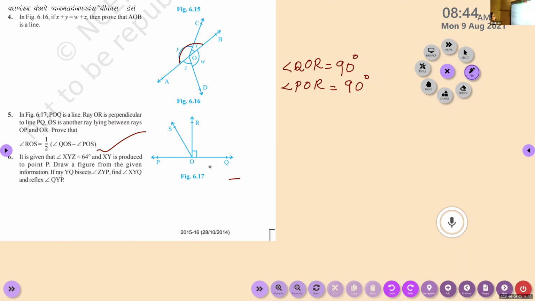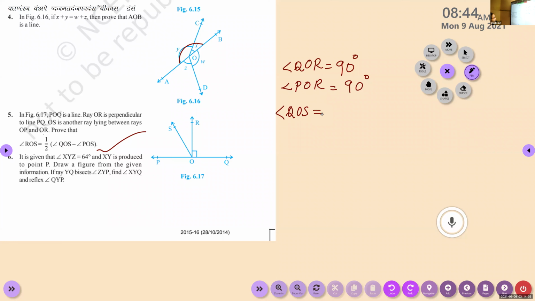Okay. Angle QOS. All of you move your fingers through that angle QOS. Do you see that QOS in your figure? Yes. And it is the sum of two angles, isn't it? QOS can be written as the sum of two angles. Which are they?